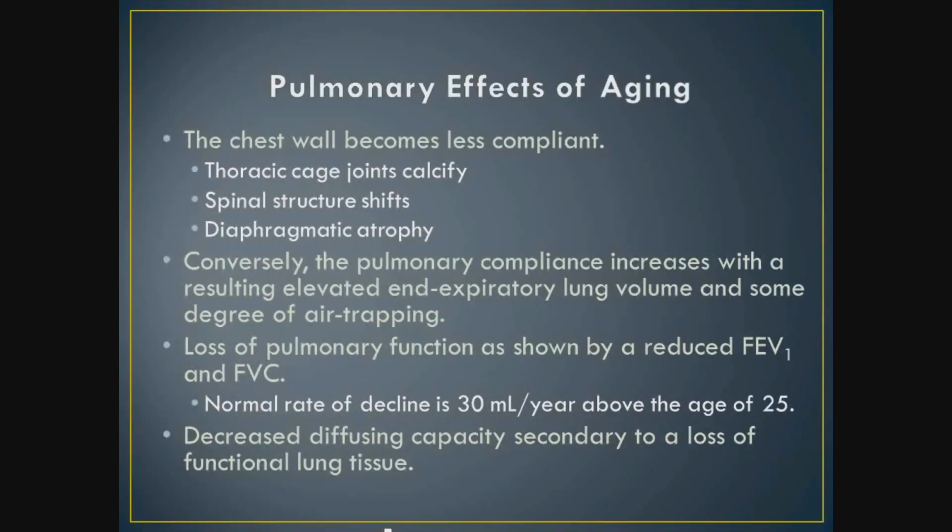And 30 milliliters, just to put it into context, is about the size of a shot glass. So that's how much air we lose in our ability each year that we live. And then lastly, because there's lung tissue that's missing, we end up having a decrease in diffusion based upon Fick's law. Alveolar volume goes down, you lose diffusion. Isn't that a pleasant thought?